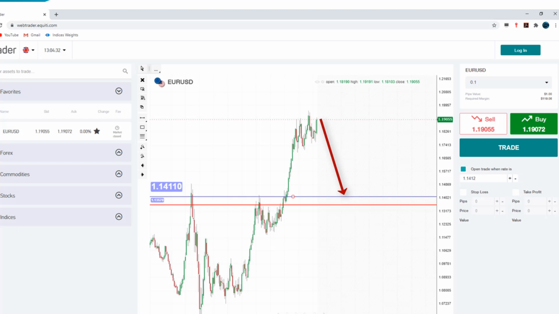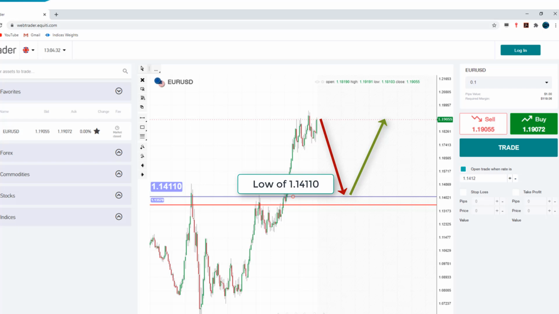Let us assume that price is coming down, just touches the proximal of 1.14110, and then reverses and rallies back up from there with an entry of 1.14110. We would not be filled, and therefore we would not be in this trade. Why?